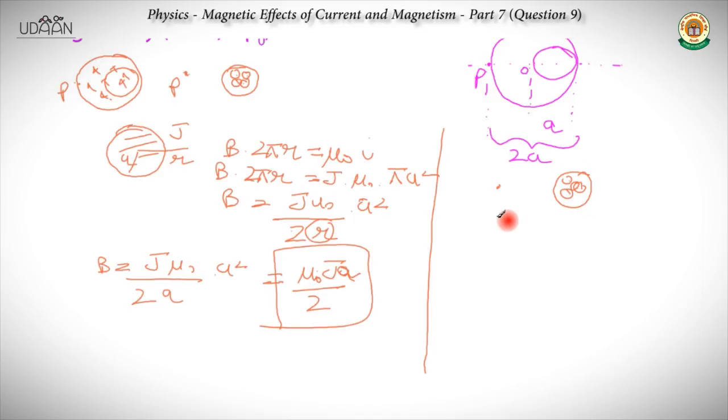From this center, point P is at a distance of 3A by 2, and its radius is A by 2. So when we substitute for B, we get J mu naught by 2 into the radius, which would be A by 2. Oh, sorry, just a second. I made a mistake.